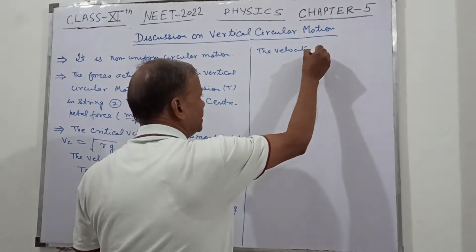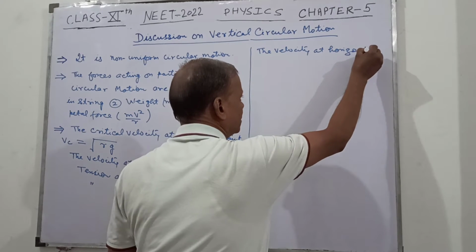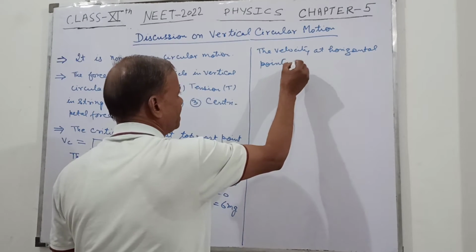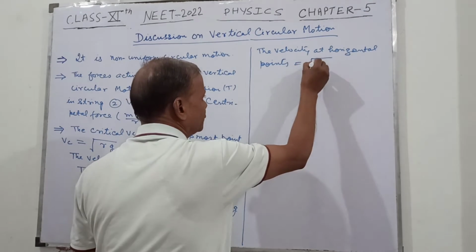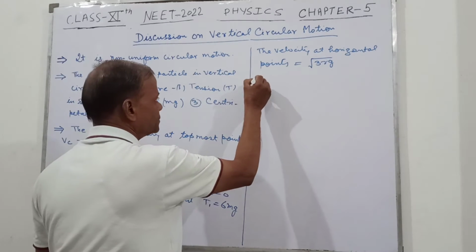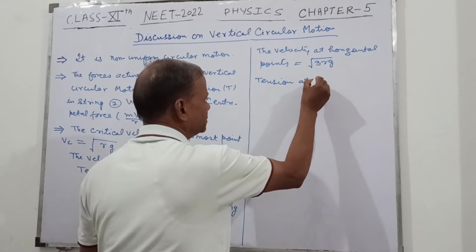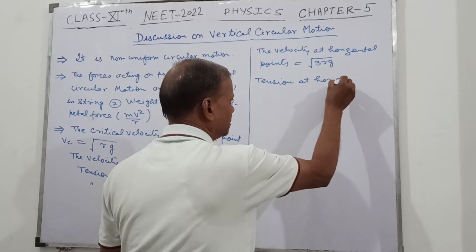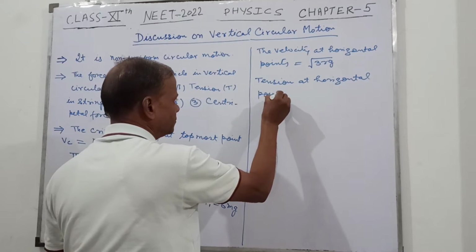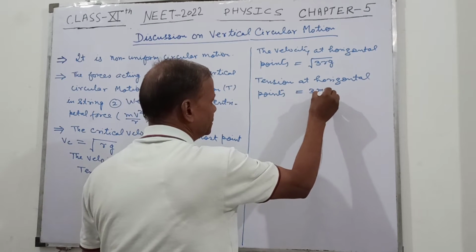The velocity at horizontal points is equal to square root of 3rg, and the tension at horizontal points is equal to 3 mg.